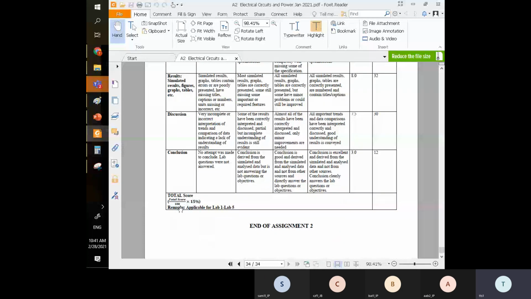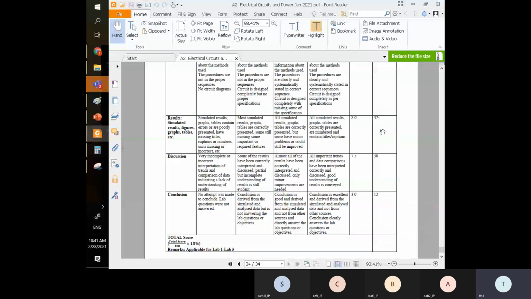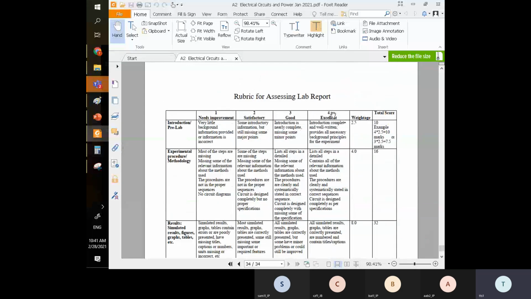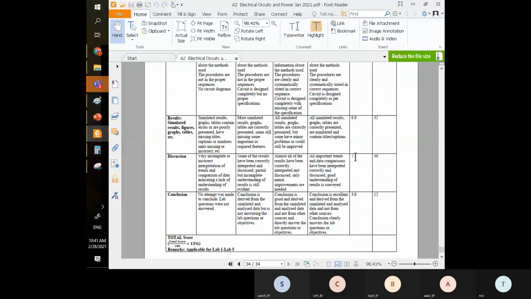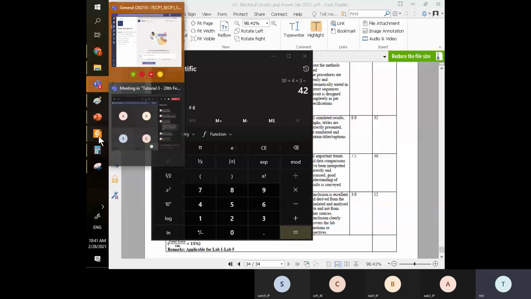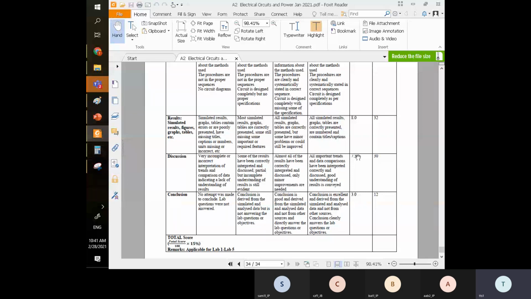Even though you got your result correct, you got your steps correct, everything correct here, if you didn't write the conclusion and the discussion, because excellence is 4, right? 4 times 7.5 plus 4 times 3 is 42. It's almost close to 50% of this question.